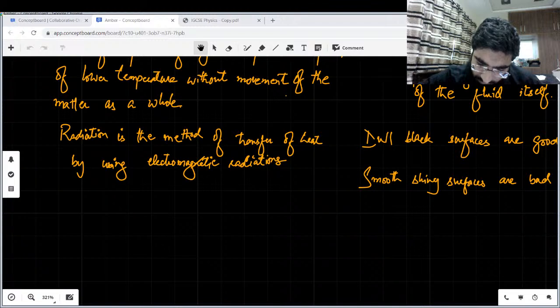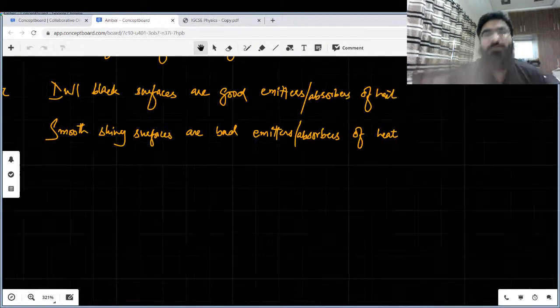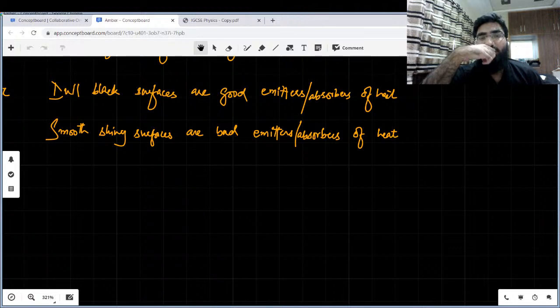This is one reason that people who live in regions of hot climate where there is a lot of sunshine usually wear white colored clothes.